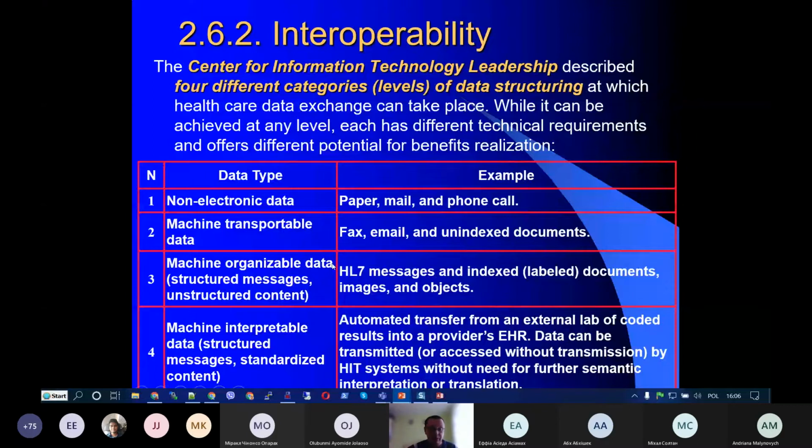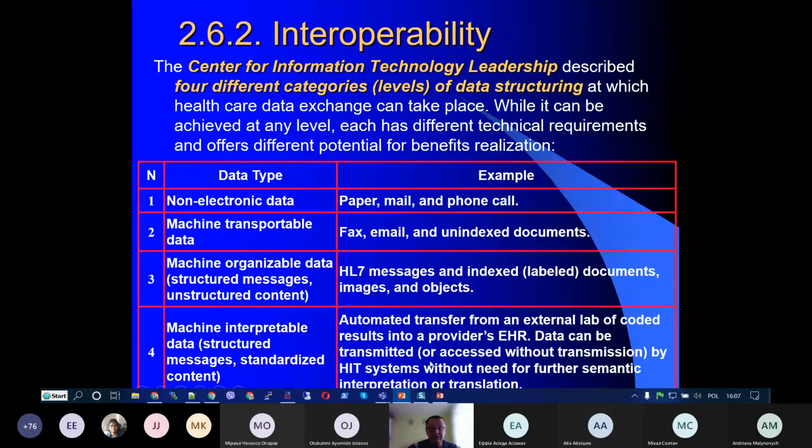The third level includes HL7 standard compatible messages and indexes. So at least they have digitized metadata, despite that entire documents could be something like a machine-transportable representation, like even scanned documents.